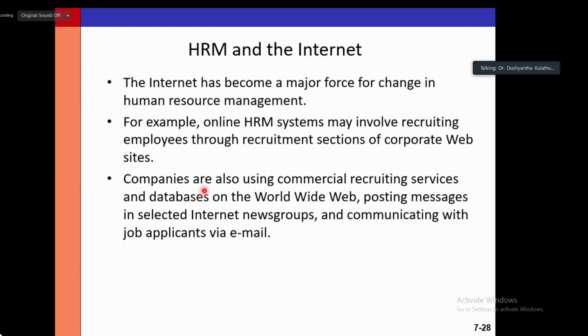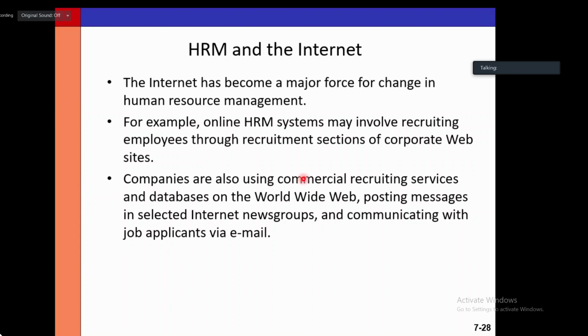And so the particular commercial organization which sells the database may have the capability of analyzing the data and then providing the most relevant set of details to this particular organization. So in Sri Lanka also you have a variety of such databases like hot jobs, top jobs. Likewise, there are many databases available.